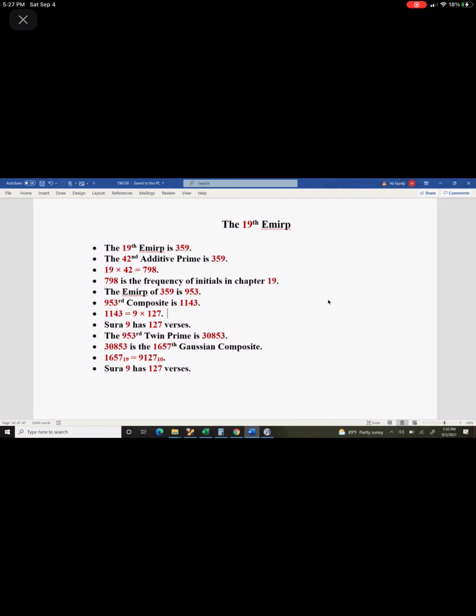And 139 also happens to be an additive prime: 1 plus 3 plus 9 is 13, a prime number. It happens to be the 19th additive prime. So every time you do that, you are bearing witness that chapter 9 has 127 verses, not 129, as you see it in the books in print.